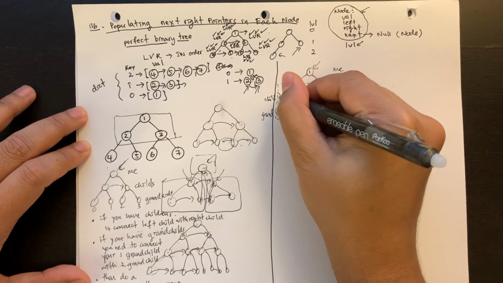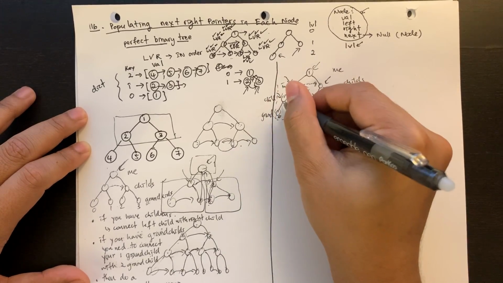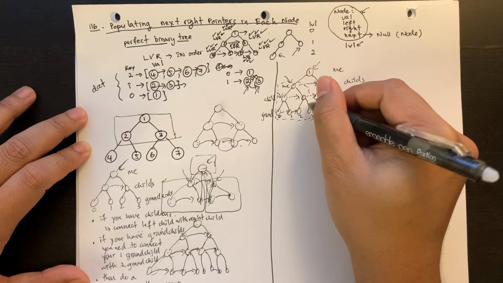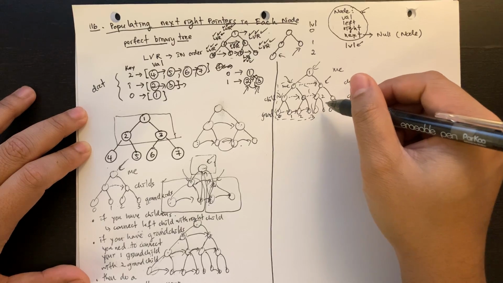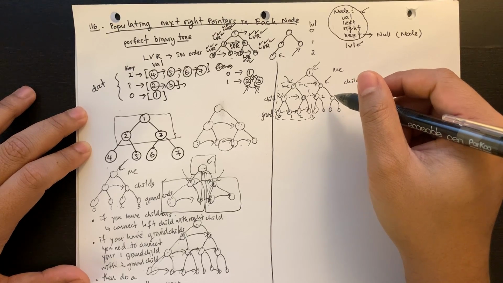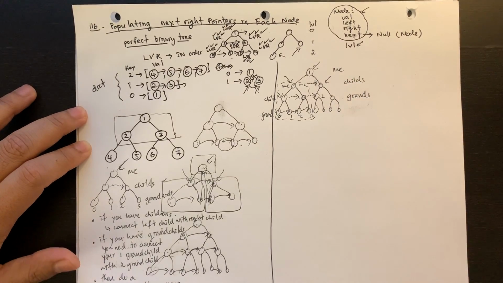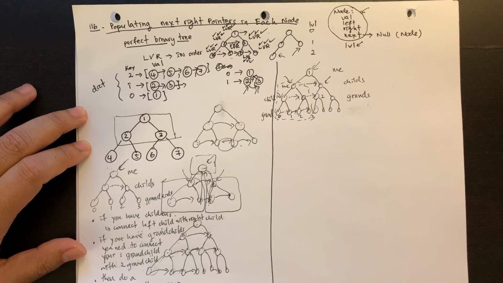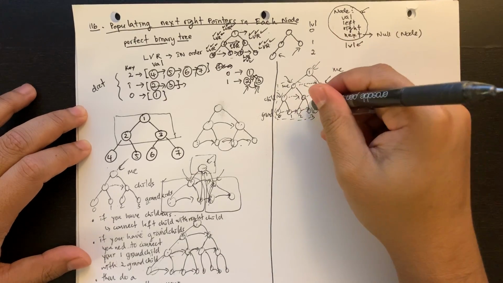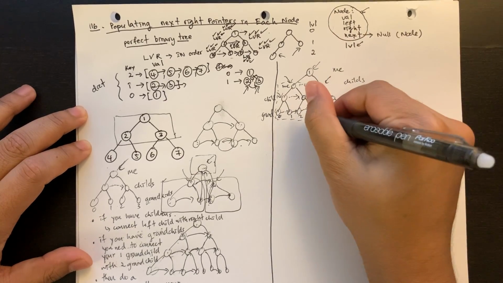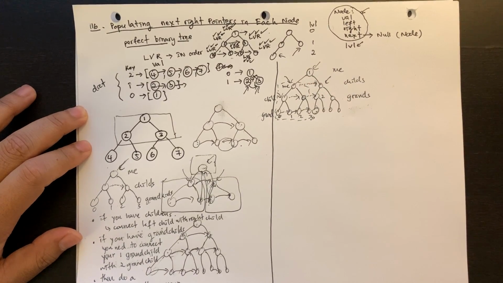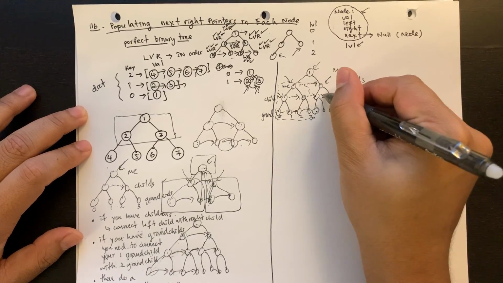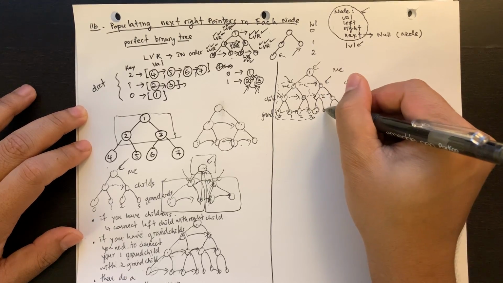And then do a recursive call on this one. And then I connect my child, and do a recursive call on this. Oh no, I ran into trouble right here. So who's going to connect this too? This will connect this, and this will connect this.